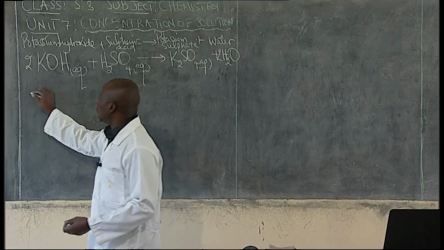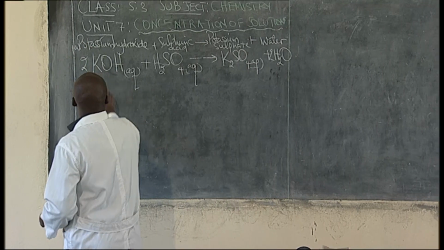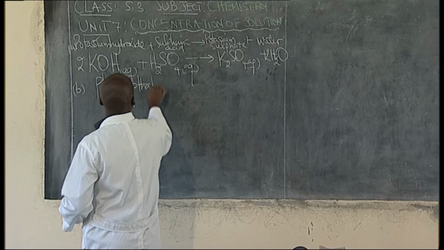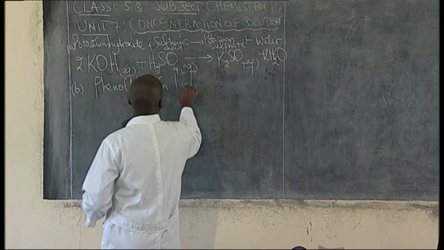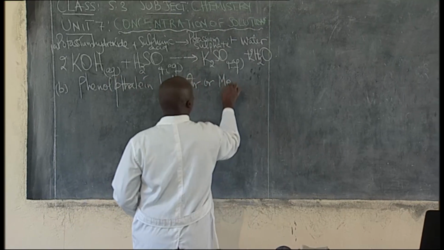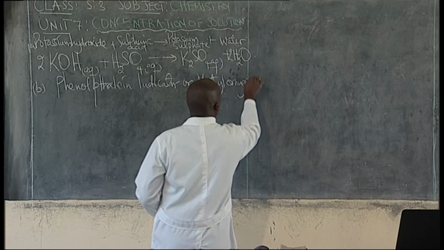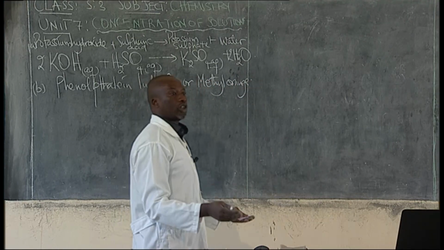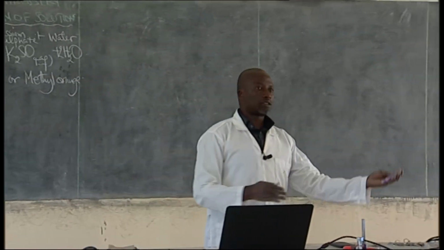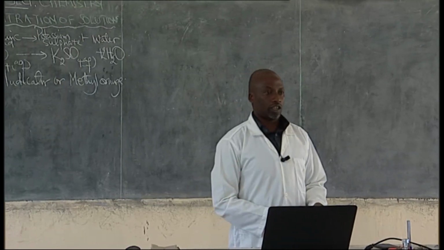So for part B, we can use phenolphthalein indicator or methyl orange. In acid-base titrations, strong acid, strong base, these are the suitable indicators.